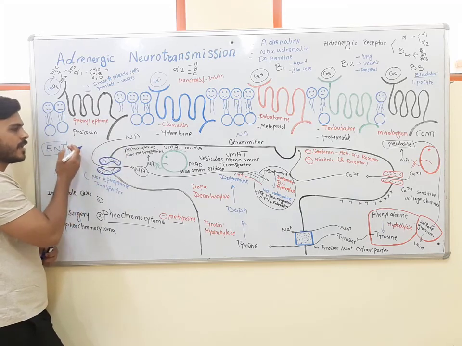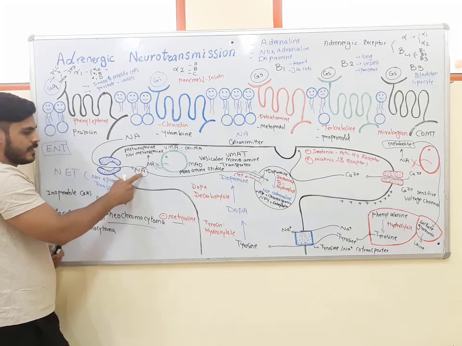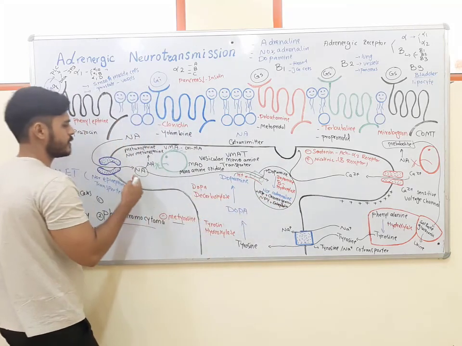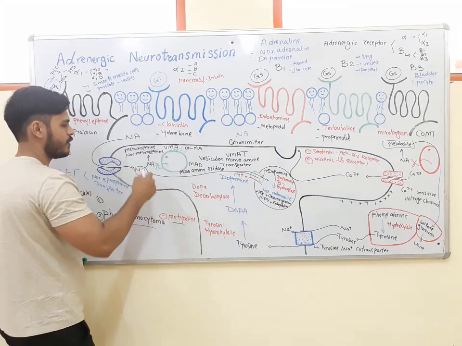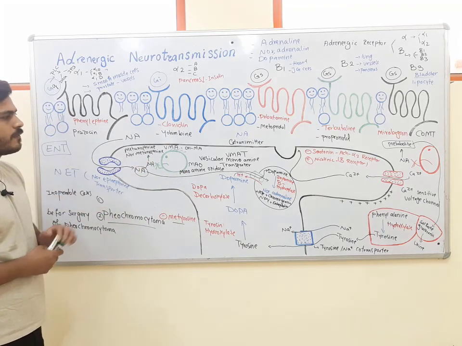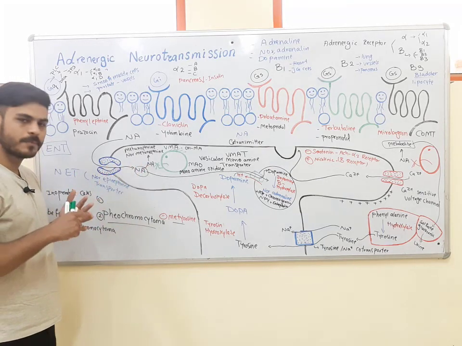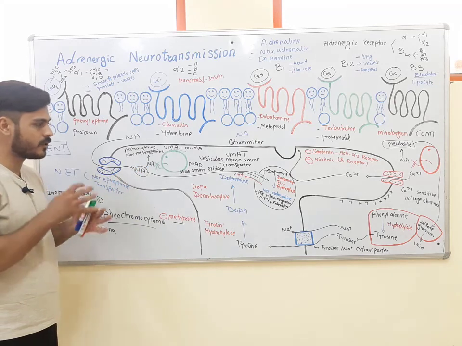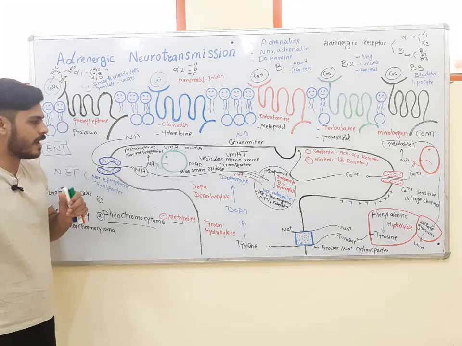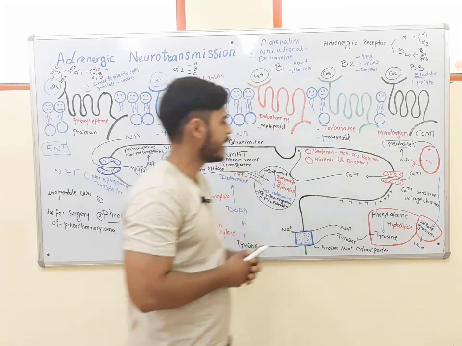It uptakes the noradrenaline, and by uptaking the noradrenaline, then we can see either storing of noradrenaline in the vesicles, or again terminating of the action of noradrenaline by MAO, which is in the presynaptic neurons. So for terminating the action, uptaking by the presynaptic neuron, uptaking of noradrenaline with ENT of the adjacent or neighboring neuron, or terminating the action by COMT.